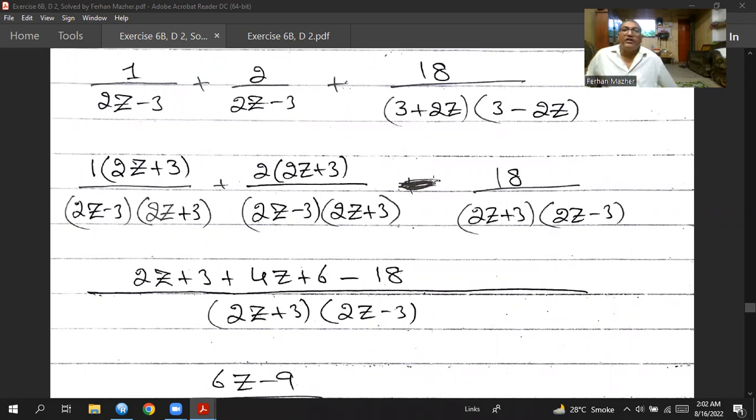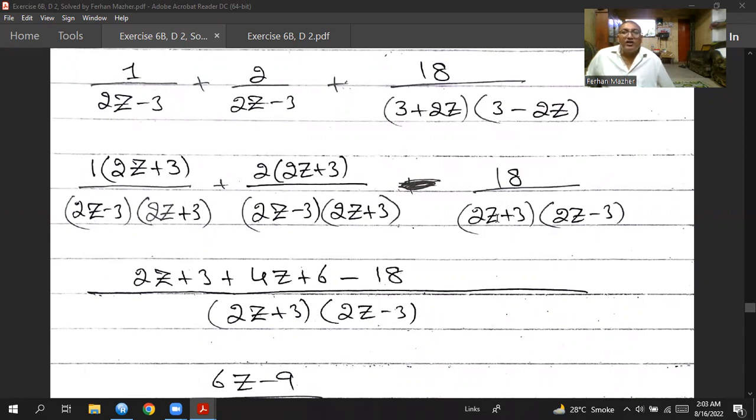I will take a negative out here. So this will become 2z minus 3. Okay. So now here I will multiply upstairs, downstairs with the 2z plus 3. Here I will multiply with the 2z plus 3, 2z plus 3. And here you don't have to multiply with anything.